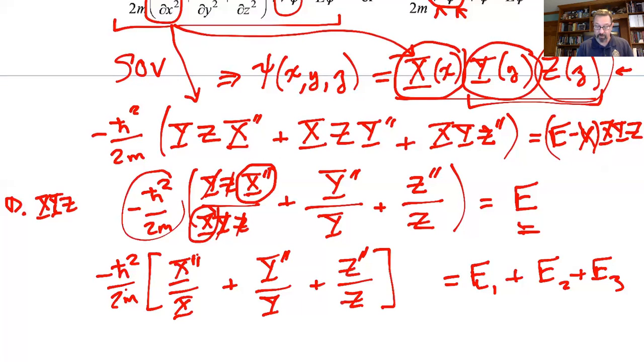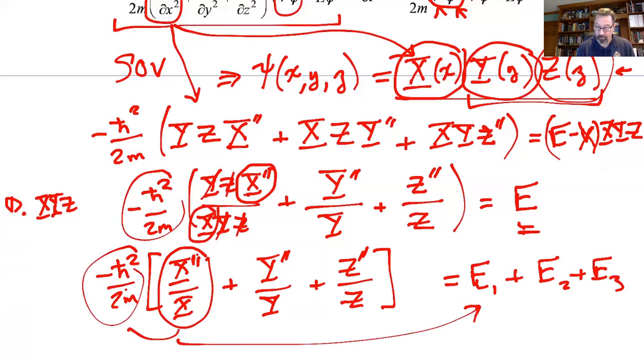That has to be equal to those things. And what we're going to presume in order for that to be true is that this guy with the constants is equal to E1. And then, of course, the y second derivative divided by y with the constants is equal to E2. And the z second derivative divided by z with the constants, that's equal to E3.